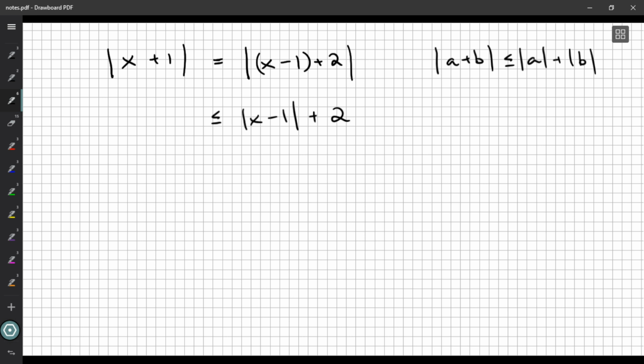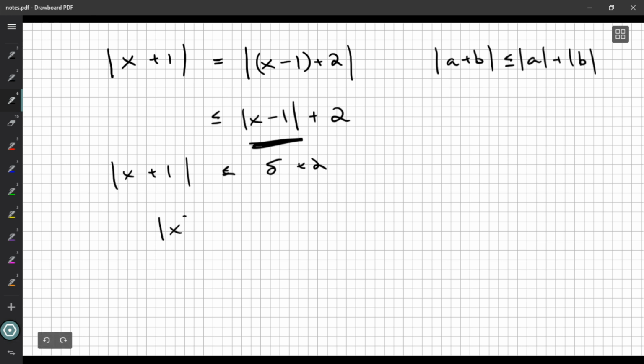Now how does this help? Well, once again, I can control x minus 1. I can control how big that is. It's going to be less than delta, so you might say, well, this is going to be less than delta plus 2. And now we've got some sort of control over x plus 1.